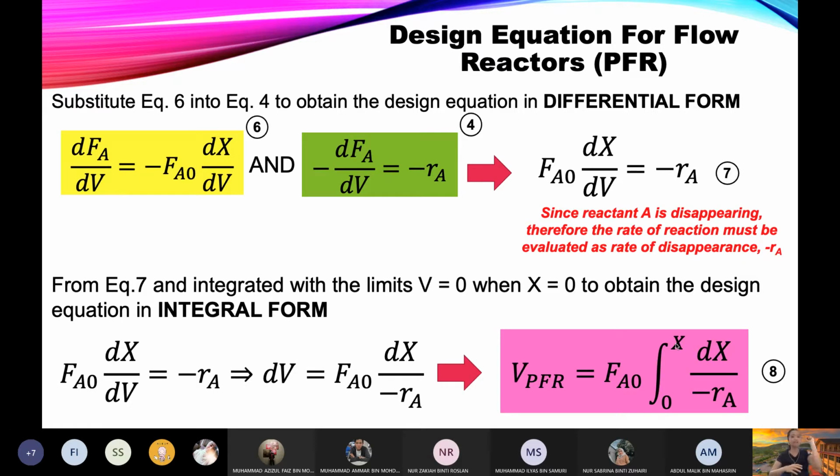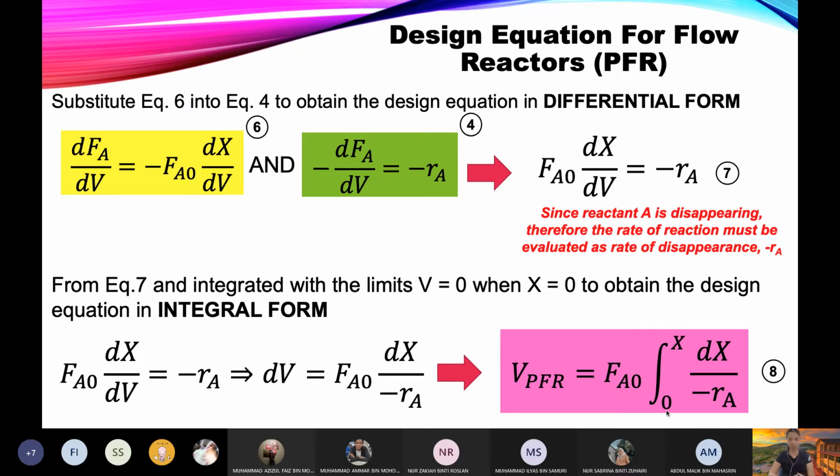Single reactor macam CSTR tadi. Sebab single CSTR, kita akan integrate from 0, means no conversion. Initially bila reactor baru masuk tak ada conversion kan, daripada 0, no conversion towards X, the final conversion or the desired conversion, dx per minus RA.